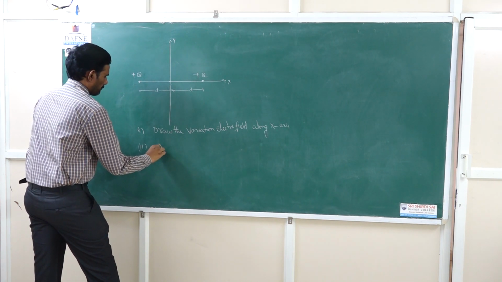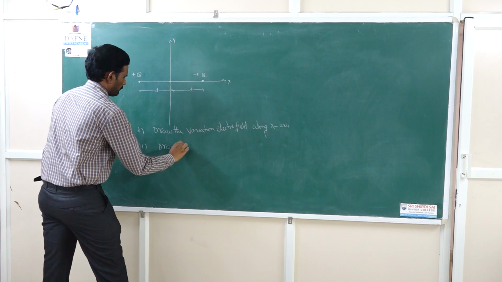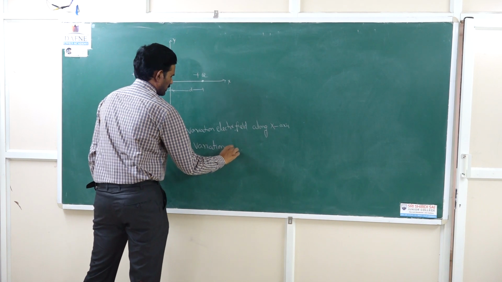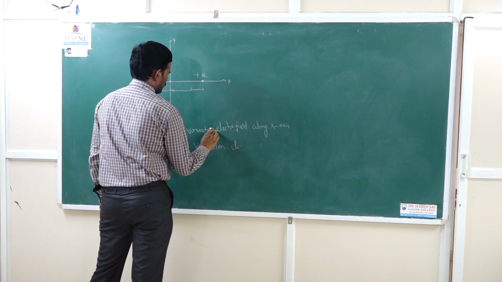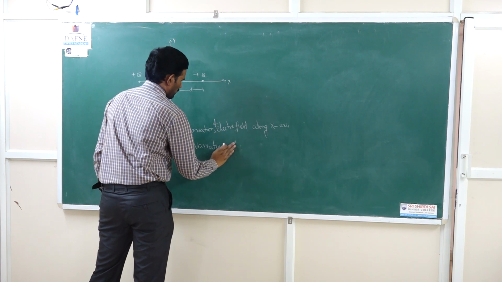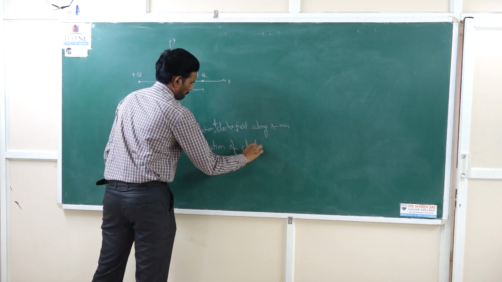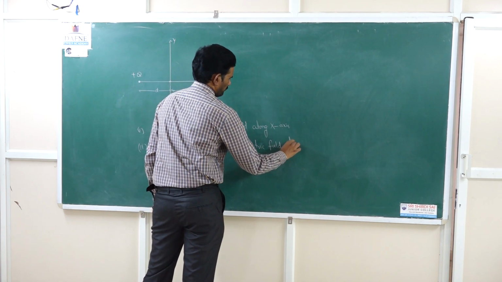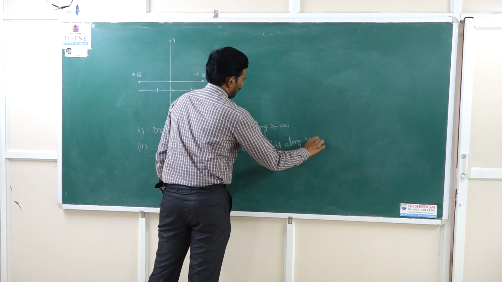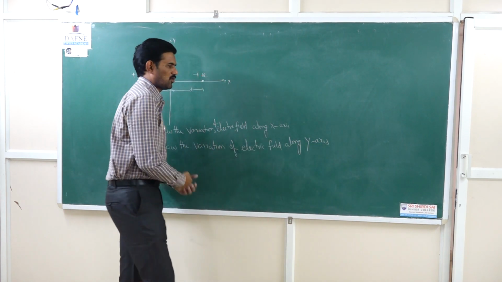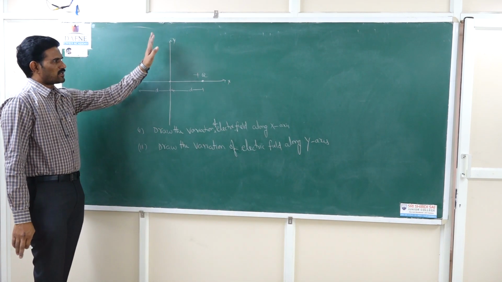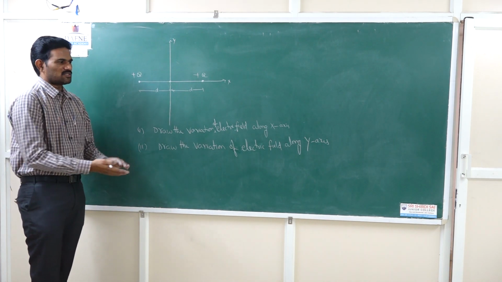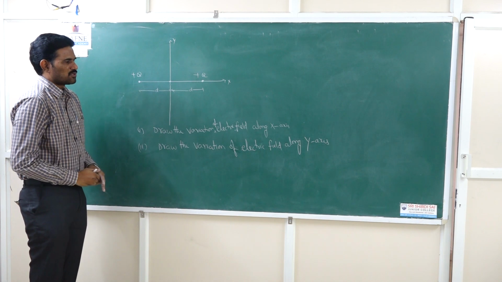Next one, similarly, draw the variation of electric field along the y-axis. That means when you are traveling along the x-axis, how is the electric field changing, and similarly when you are traveling along the y-axis, how is the electric field changing. We need to represent those variations graphically. So you can try yourself.